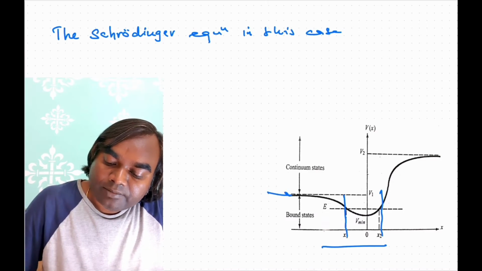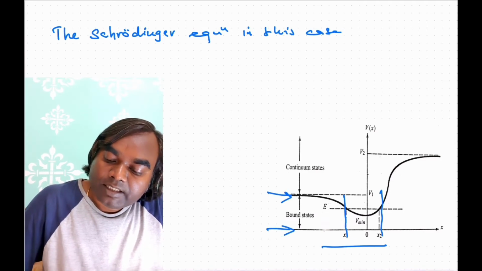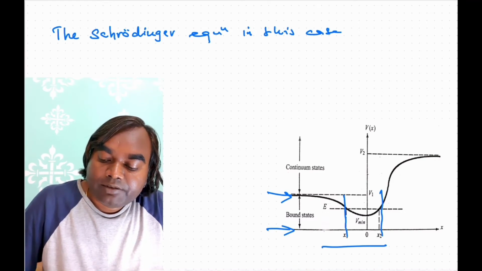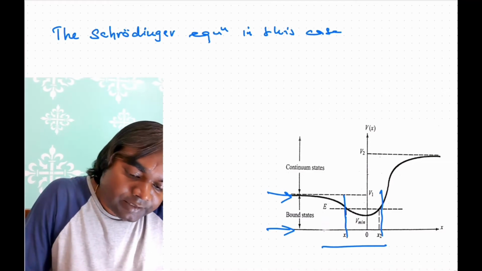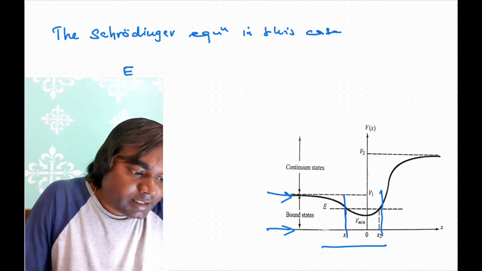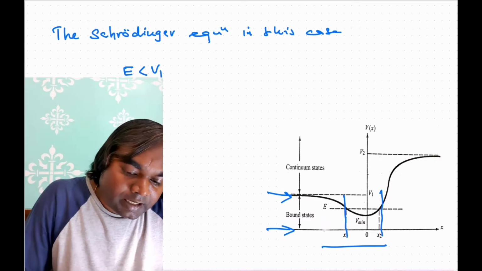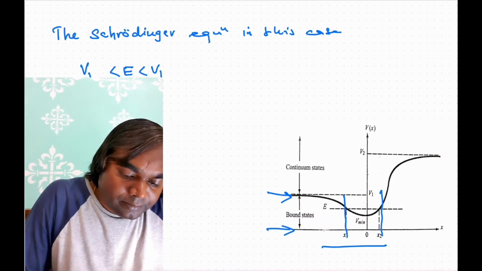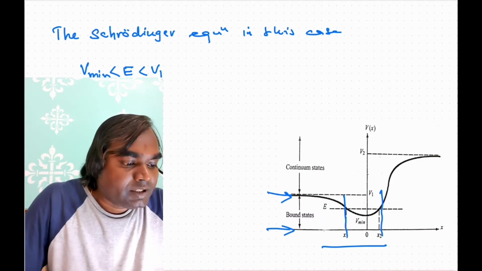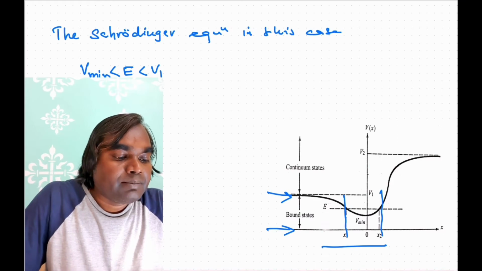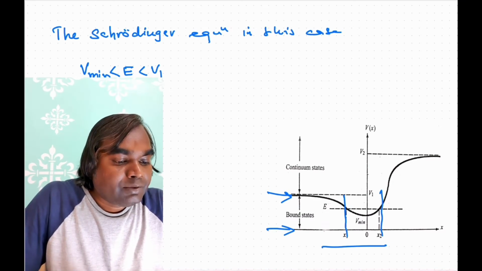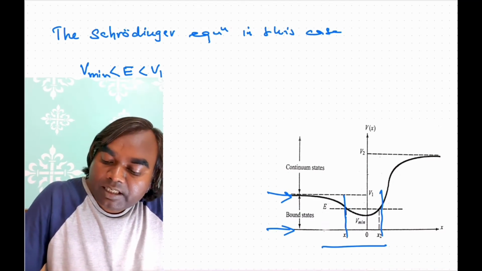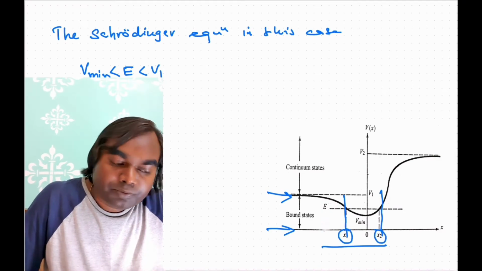You can see these two boundaries: if the energy of the particle is less than V1 and greater than V minimum, then the motion of the particle is bounded between the classical turning points x1 and x2.